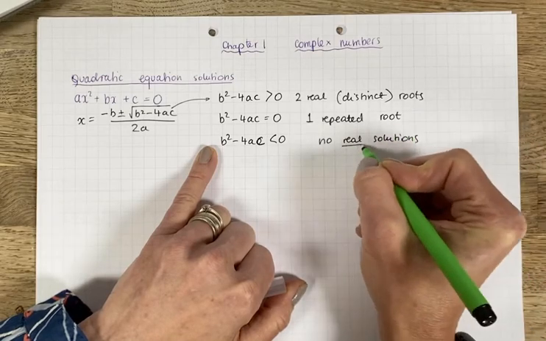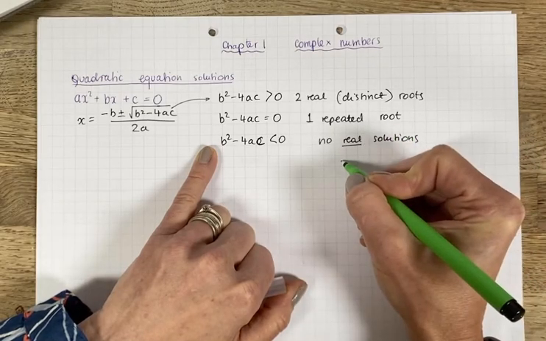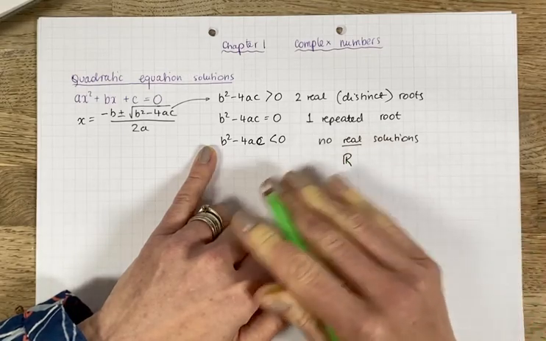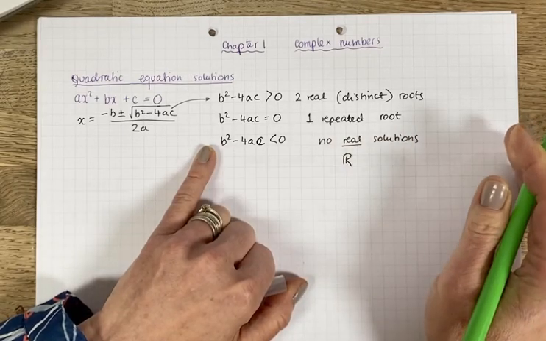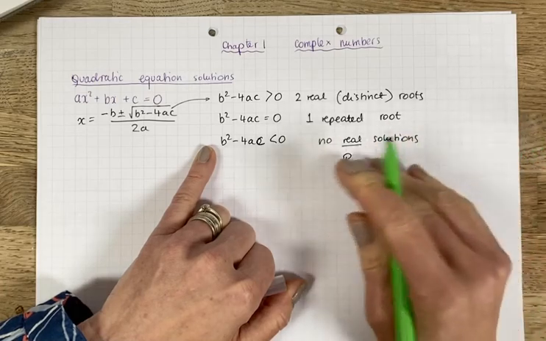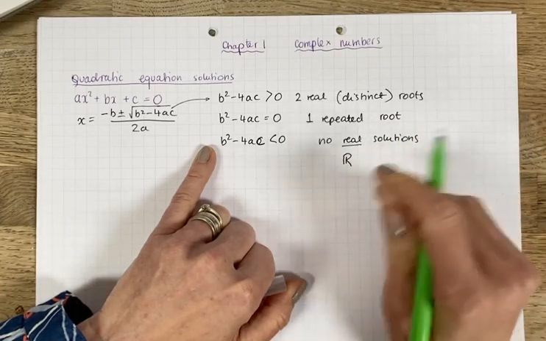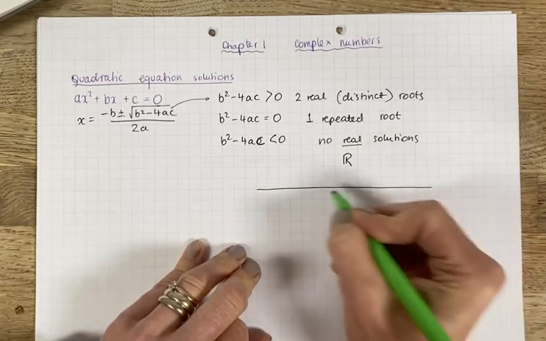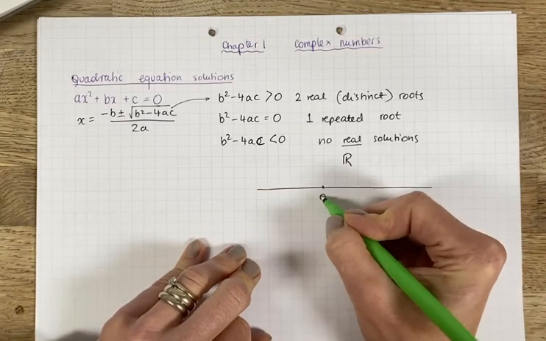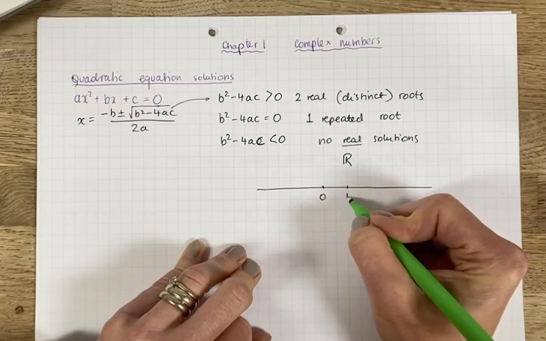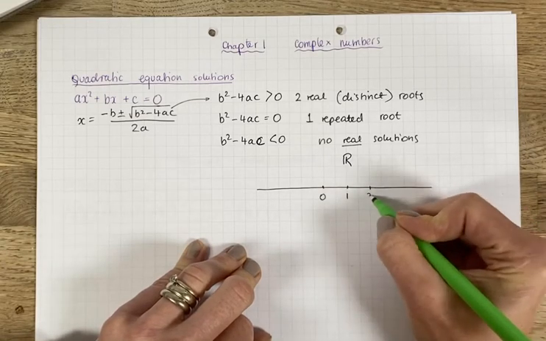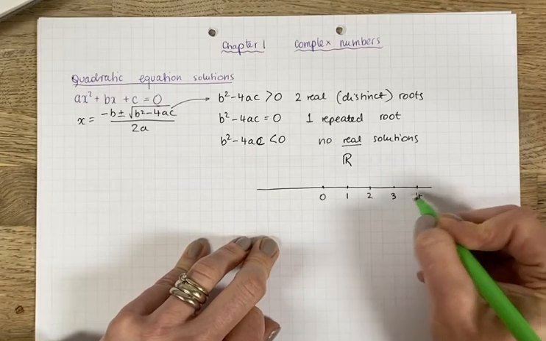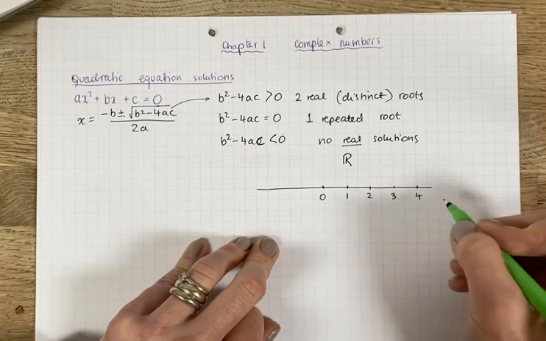Now, real meaning solutions belonging to the set of real values. So these are all the numbers that you've ever had to deal with. They belong to real numbers. So on your number line, you might consider, remember when you were little and you started to count, those counting numbers starting from 1, 2, 3, 4.